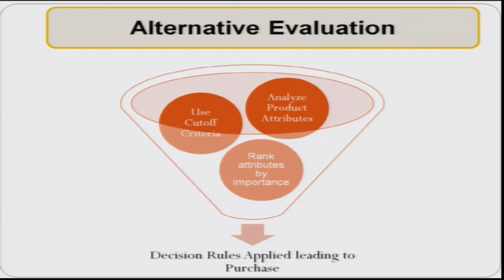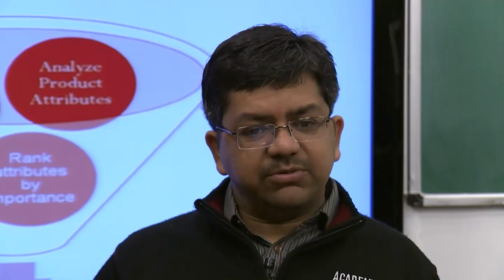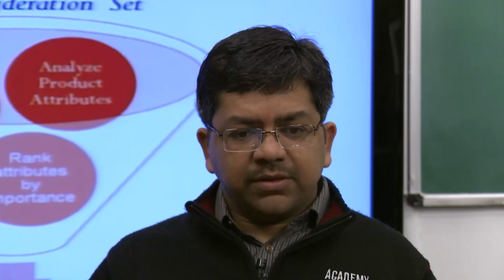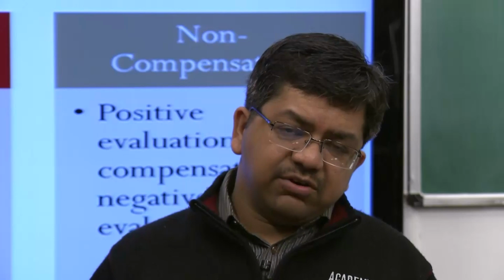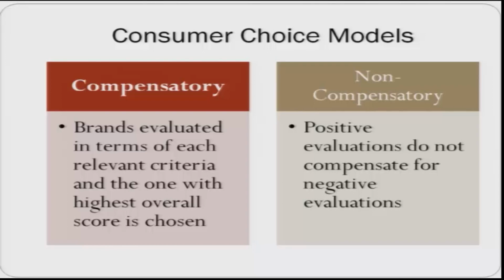All these three things mix up, then they go into a decision rule, and we get the purchase decision at the end. Based on these three inputs, the processing could take two forms, like the consumer's choice model. We have talked about compensatory versus non-compensatory.